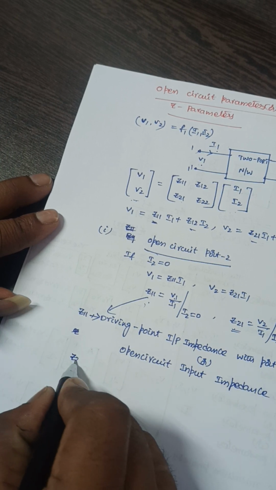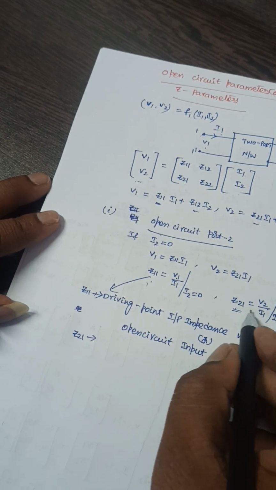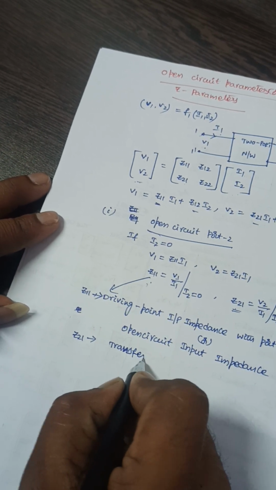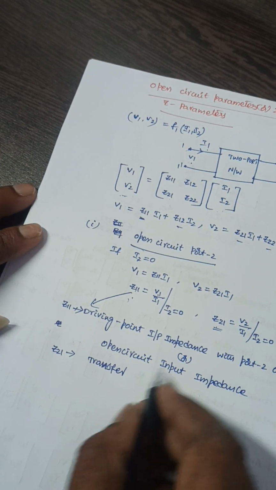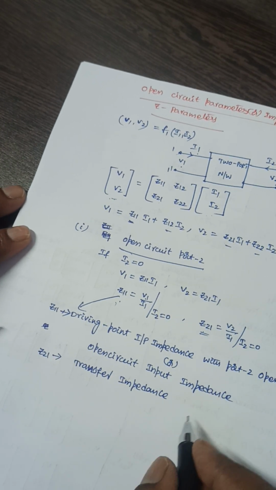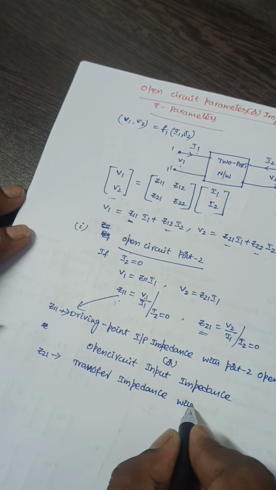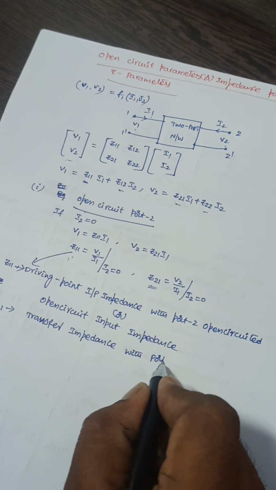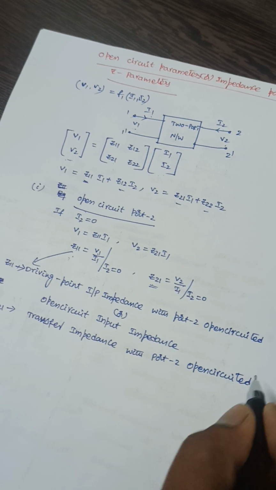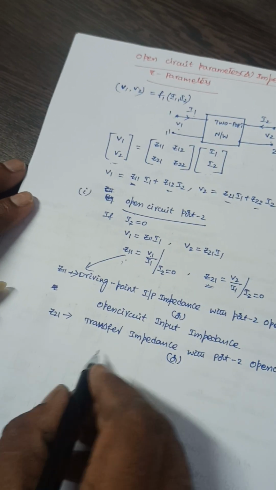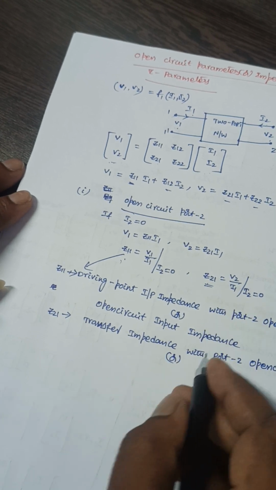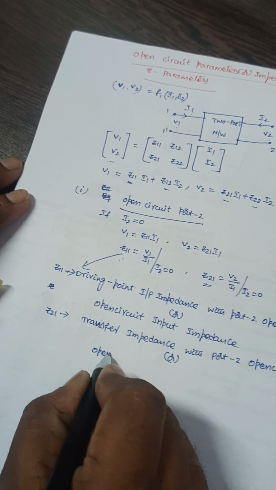This Z21 can be called the transfer impedance with port 2 open circuited, or it is also known as the open circuit forward transfer impedance.